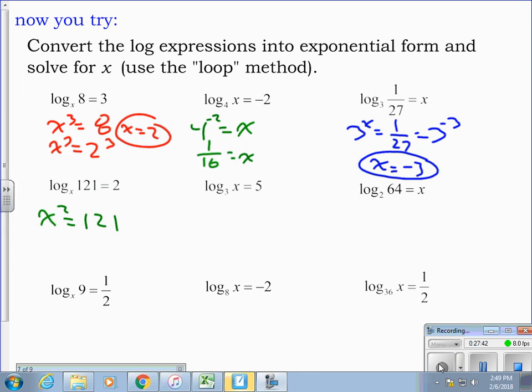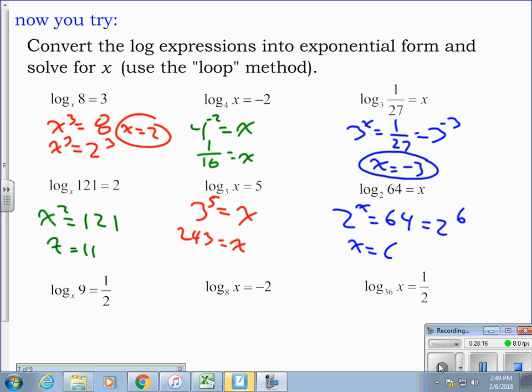What squared is 121? 11. 3 to the 5th is equal to x, so 243. 243 is equal to x. 2 to the x is equal to 64. 64, 2, 4, 8, 16, 32, 64. 2 to the 6th. So x equals 6.